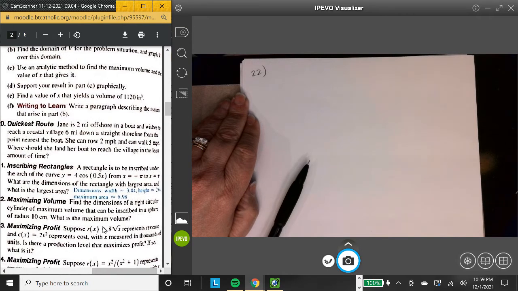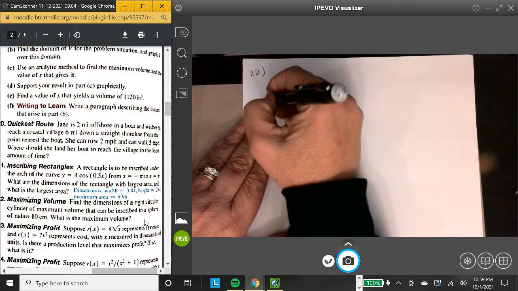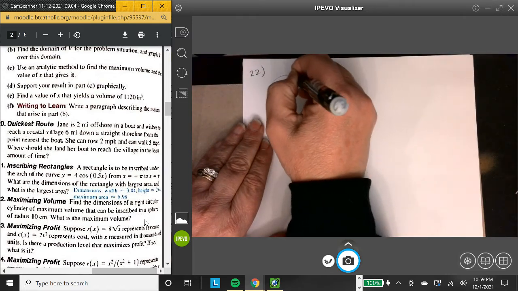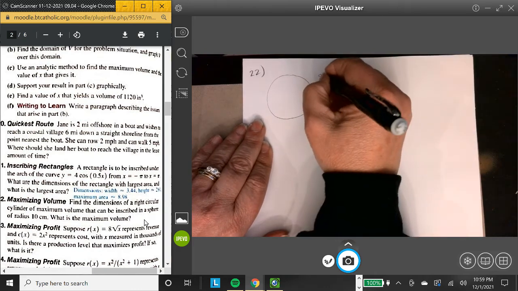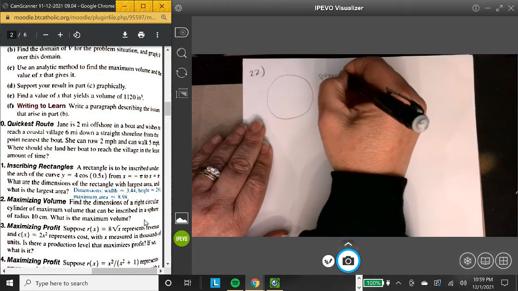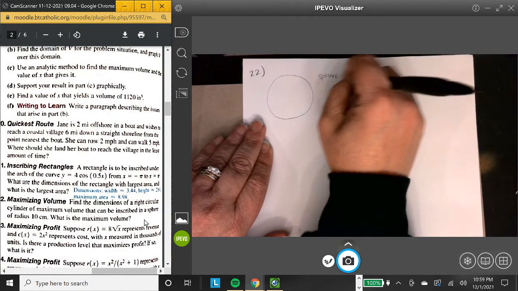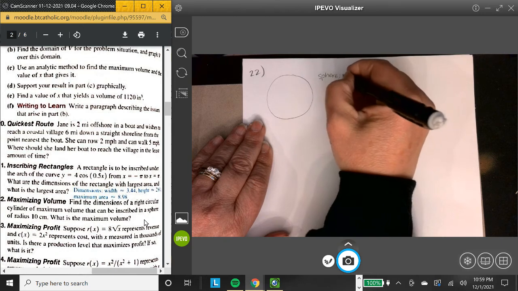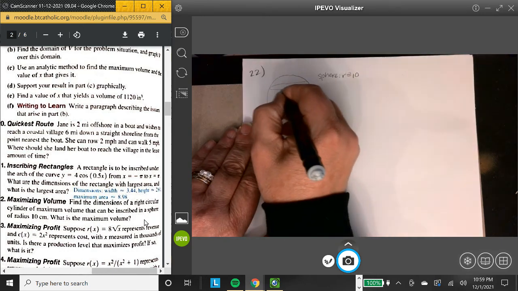Maximizing volume. Find the dimensions of a right circular cylinder of maximum volume that can be inscribed in a sphere. All right, what's tough about this one is I've got a sphere here, right? And the sphere has a radius of 10. And so here's my cylinder that I'm putting in here.